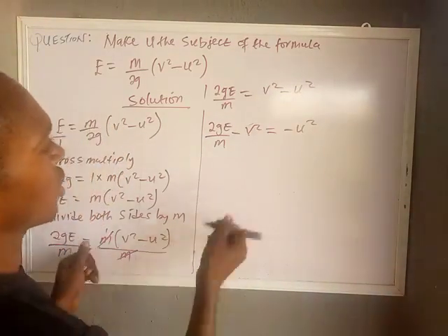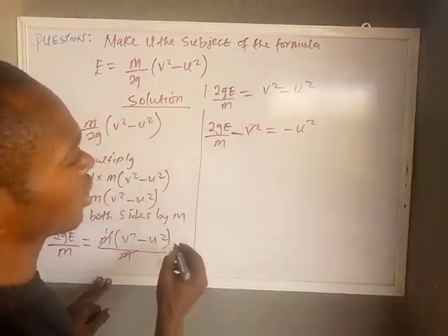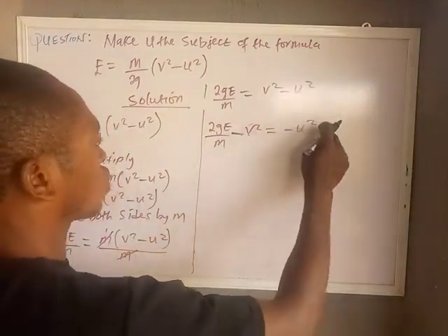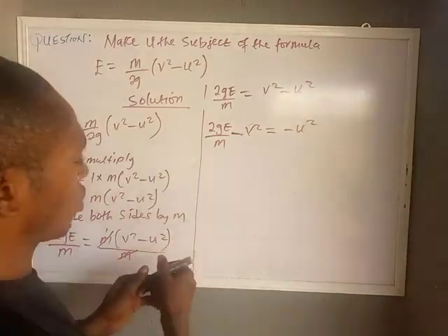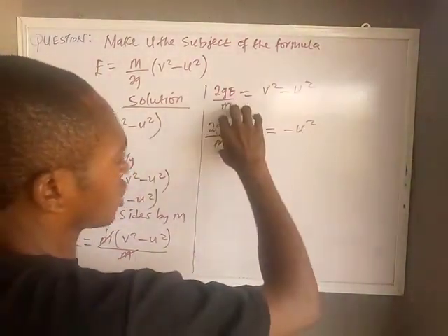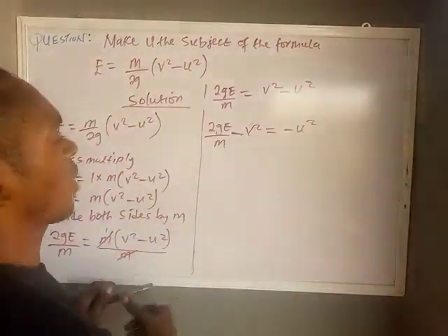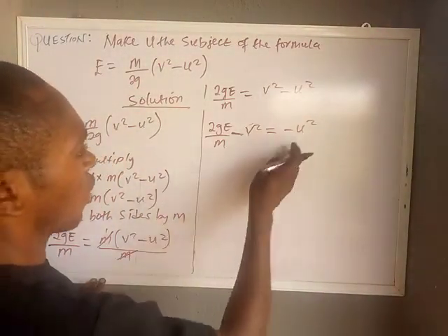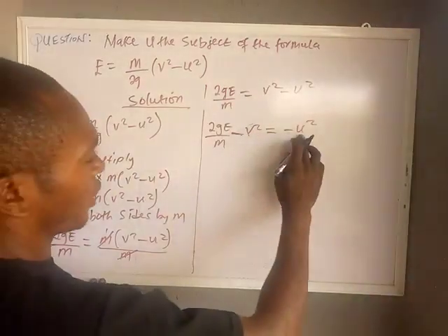Now we have this, but our aim is u and not minus u squared. So what we're going to do, we'll transfer the whole of this term to this side, and bring this term to this side. So we're going to begin with this one that has a minus. So let's bring minus u squared first.